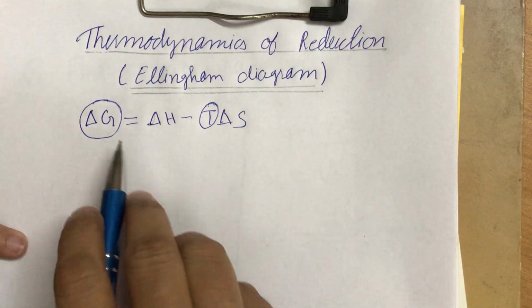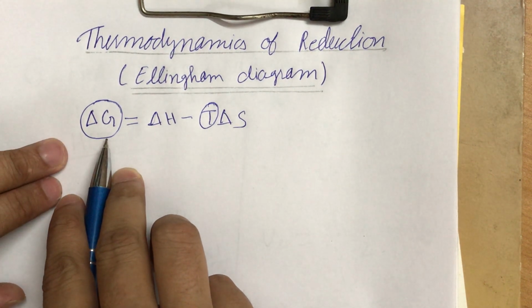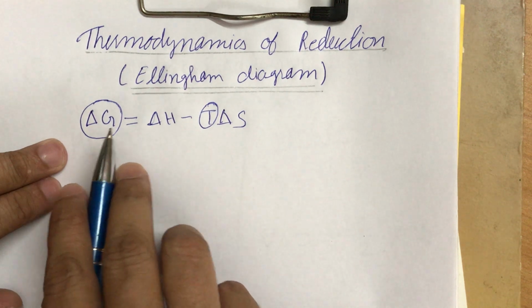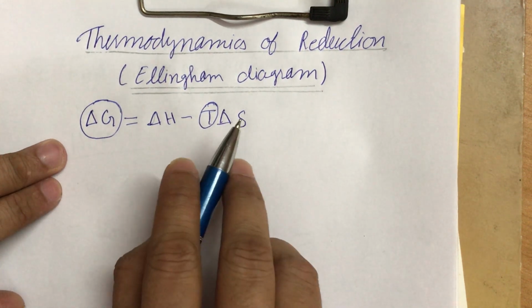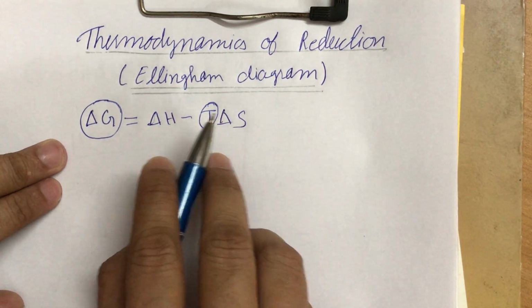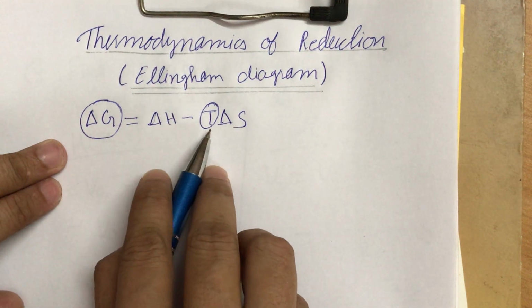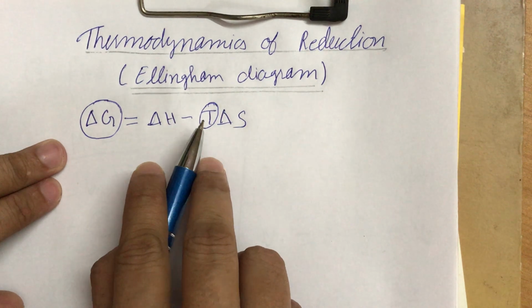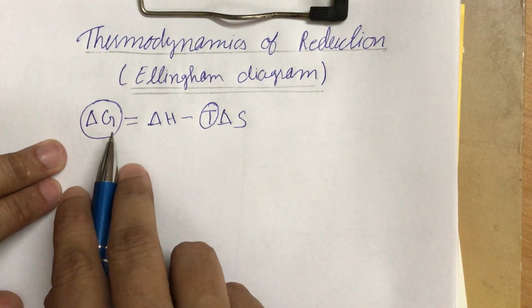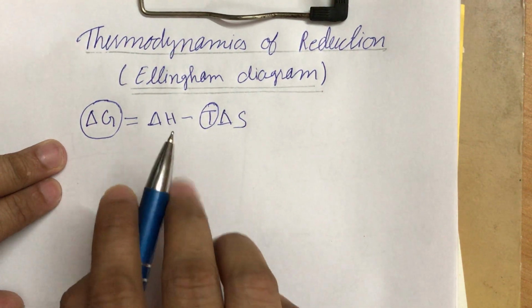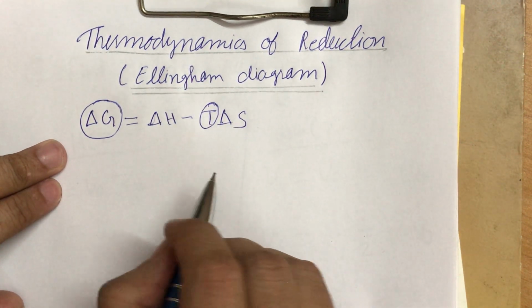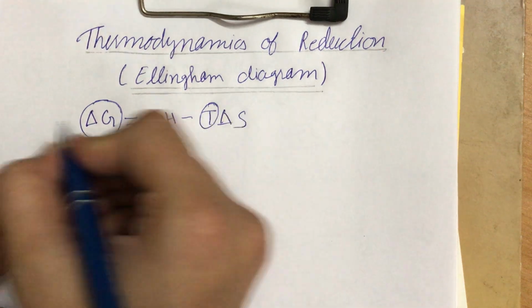This delta G is the free energy change for the formation of a metal oxide. For the formation of any oxide we have delta G, and we need to see its variation with respect to temperature. When we change the temperature, how this delta G changes, that we need to see in an Ellingham diagram.